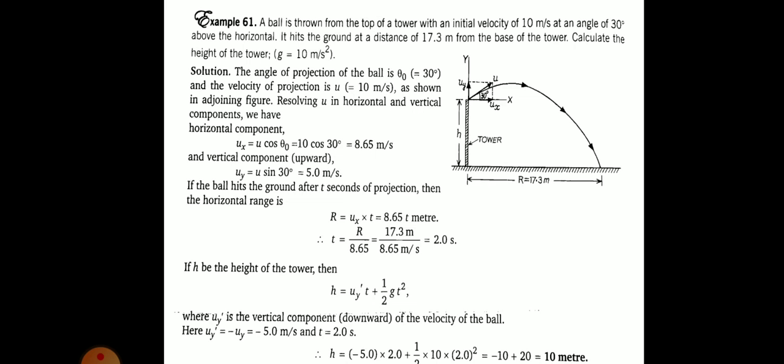Now in vertical direction the particle moves opposite to acceleration due to gravity. Therefore, to find height, second equation of motion can be used.